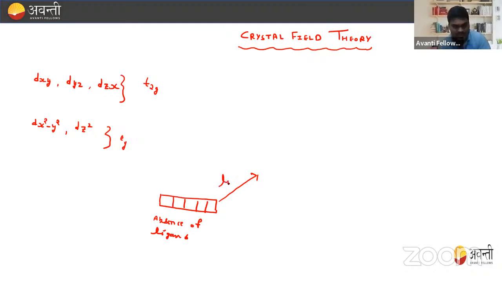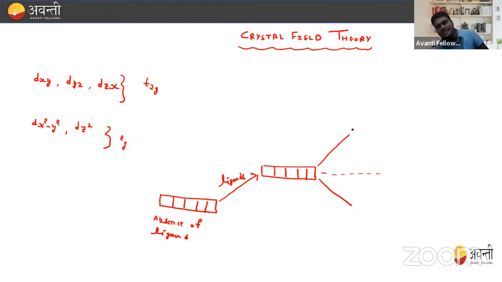Now, if the ligands come into the picture, the energy of all these five orbitals will increase, and their degeneracy is lost. However, out of these five, some have higher energy and some have lower energy, right?